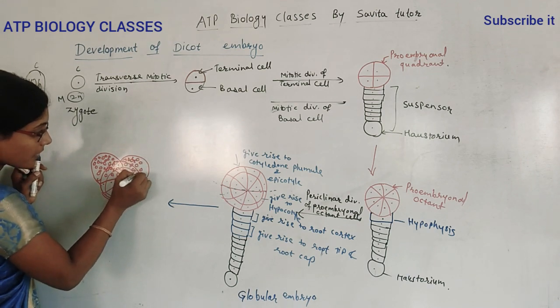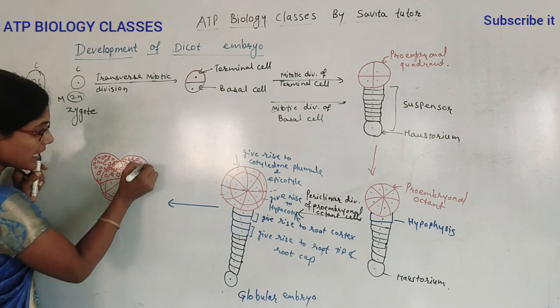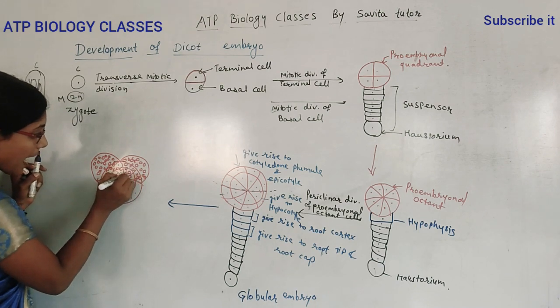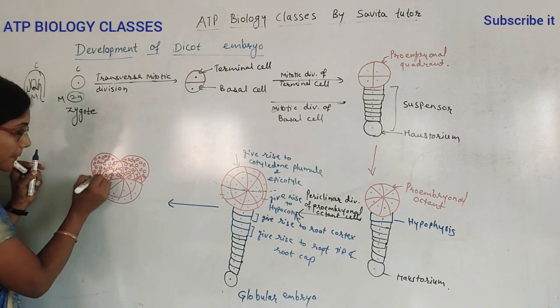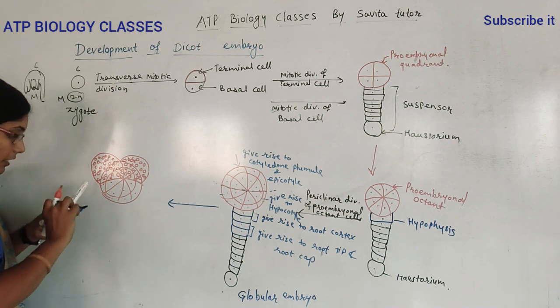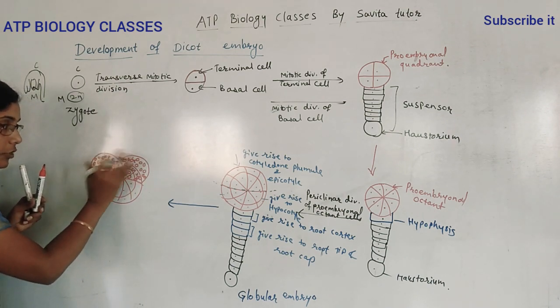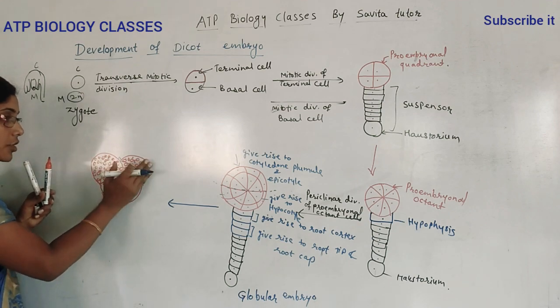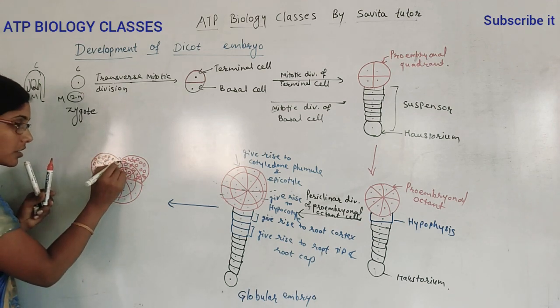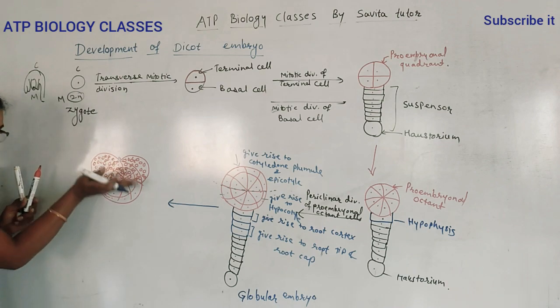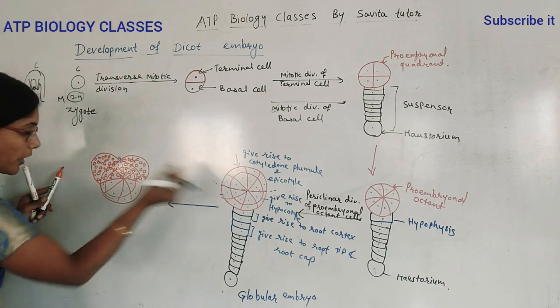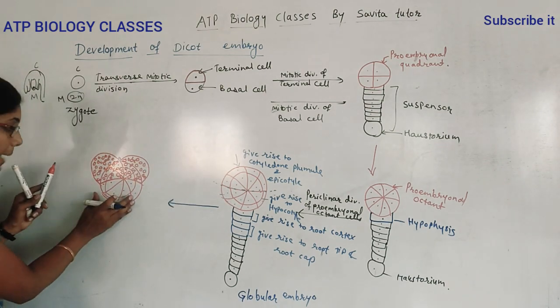That's why this type of embryo is said to be heart shaped embryo. See, and here will be the little plumule part, right? These two bulgy, swollen parts will give rise to the cotyledons, and this is the plumule. And this lower half of the proembryo will give rise to the hypocotyle, right?